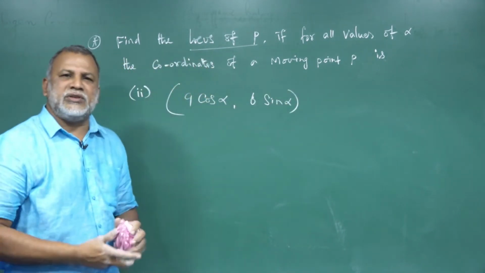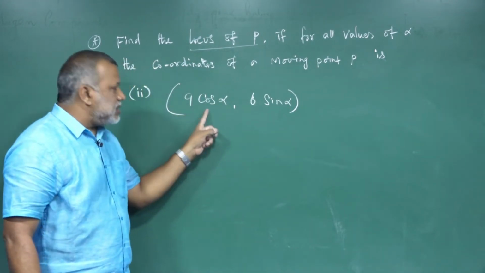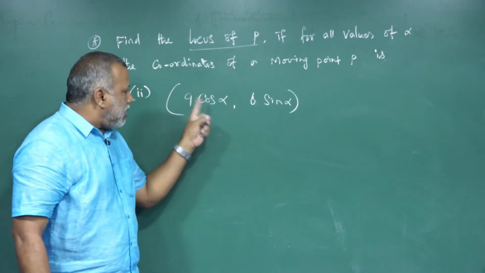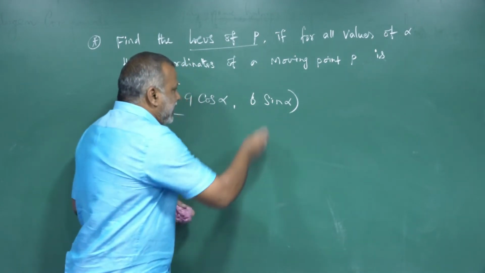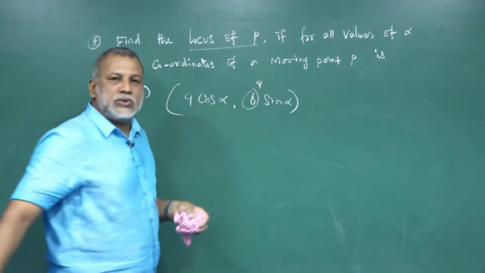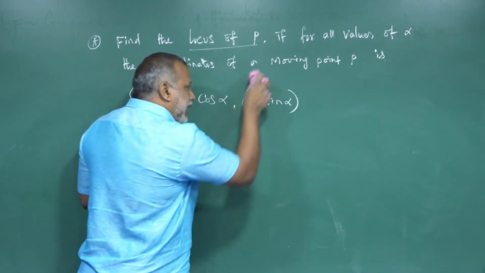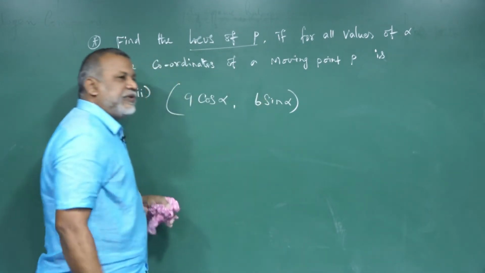What is the difference between this one and the previous question? In the previous question, instead of the 6, we are having 9. See here, both the coefficients are equal. Here we are having different coefficients.